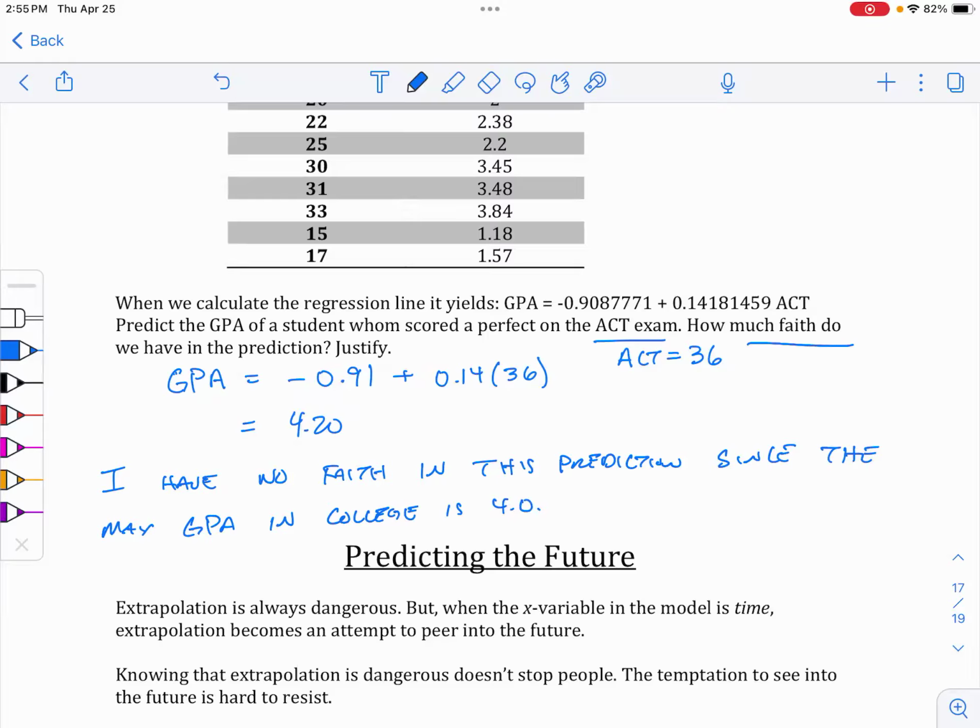However, that's not the only reason, all right? This one is very obviously false, but a lot of times we might not know we have a maximum or a minimum of what we're talking about. And so it's always really about, we were extrapolating here.